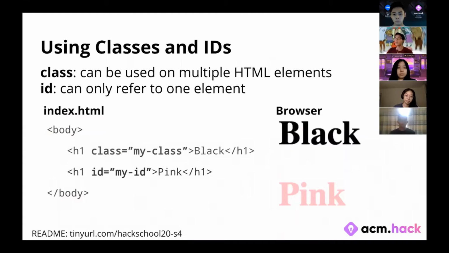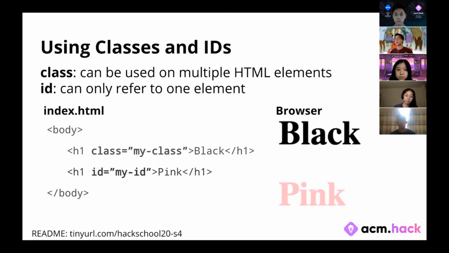So in order to use classes and IDs, we not only have to put that in our style.css file, but we also have to create a class in our HTML file. So in this first h1, you can see that we've set class equal to myClass so that the styles of that specific class selector can be applied there. And on the bottom, the ID equals myID has been set to the second h1 element.